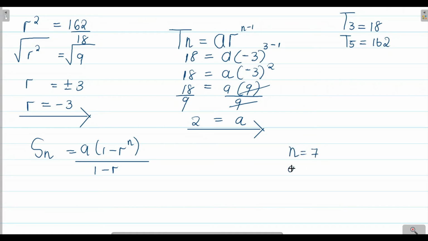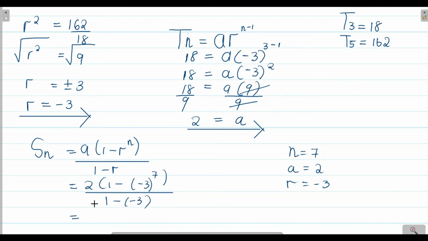Your A is equal to 2, and your R is equal to -3. So it's 2 times 1 minus -3 to the power of 7, all over 1 minus -3. Simply punch that into your calculator and you'll find that the sum of the first 7 terms of this geometric series is equal to 1094.